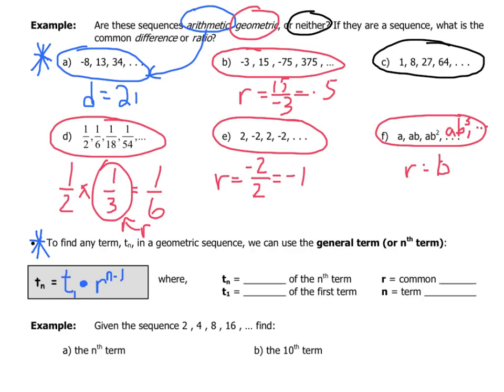Think about it. To get the third term, you take the first term and you multiply by the common ratio twice. To get the fifth term, you take the first term and you multiply it by the common ratio 4 times. You will have n minus 1 common ratios between T1 and Tn. Okay, so let's fill in the blanks over here.